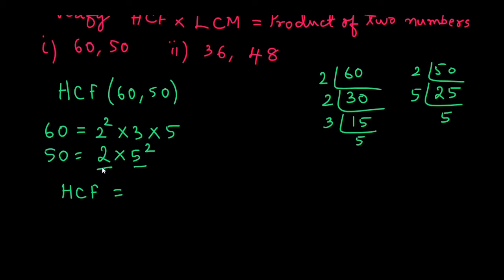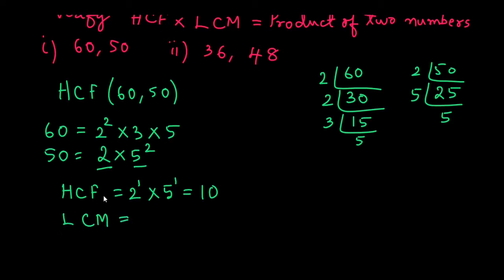So the smallest power of 2 is 2 power 1, and the smallest power of 5 is 5 power 1. So 2 into 5, 10. HCF is 10.